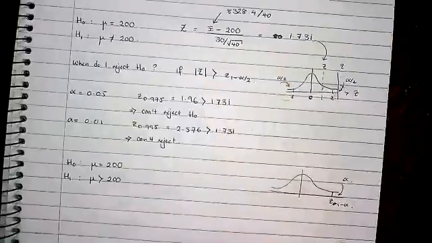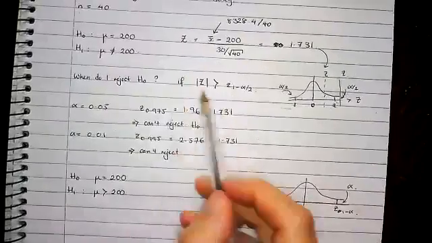So I use exactly the same test statistic Z, but the region on which I want to reject is different.